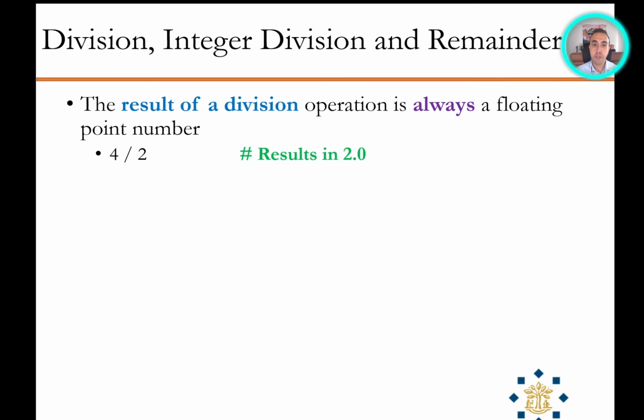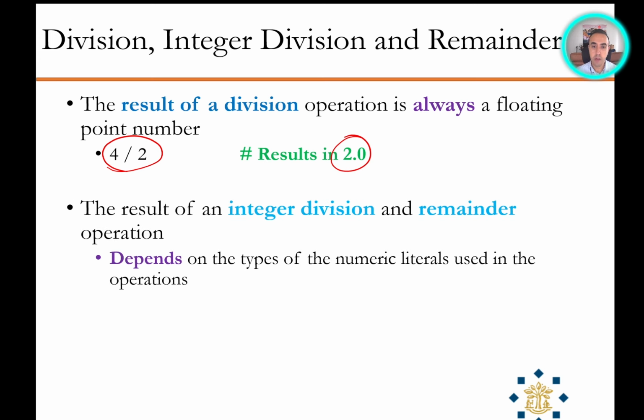So the result of a division operation is always a floating point number. Even though you have the two numbers as integers, the result will always be 2.0. But the result of an integer division and remainder, now it depends on the types.